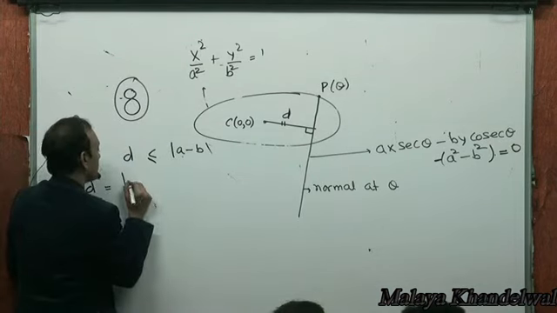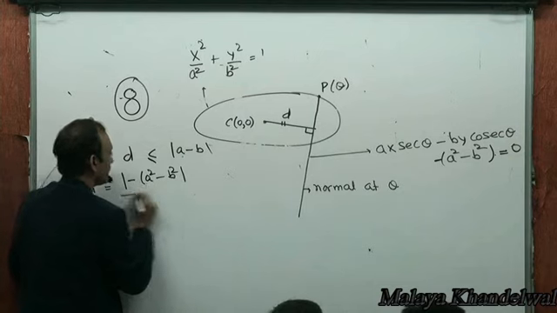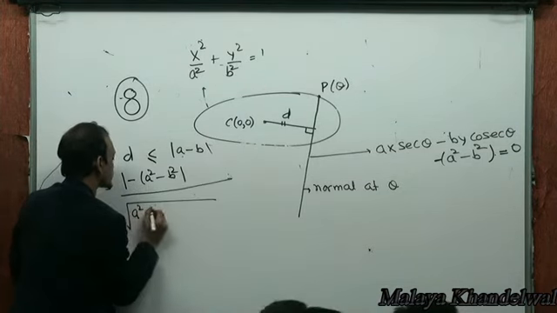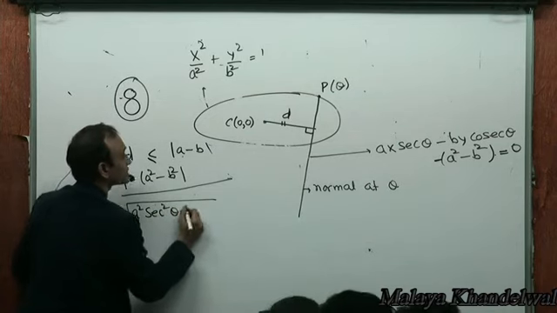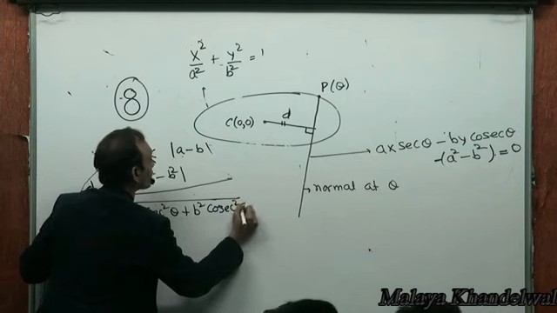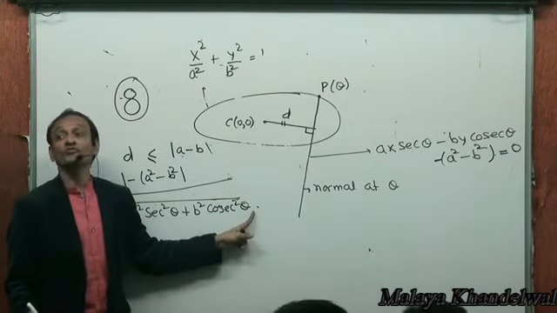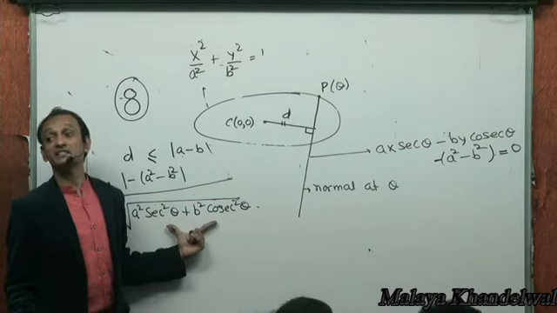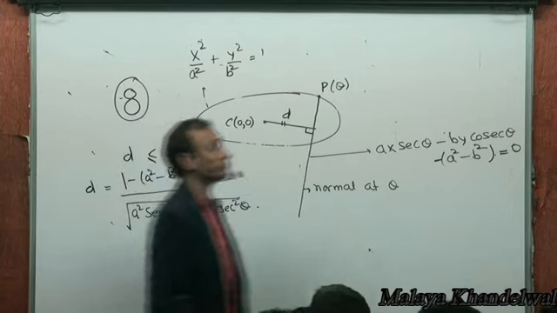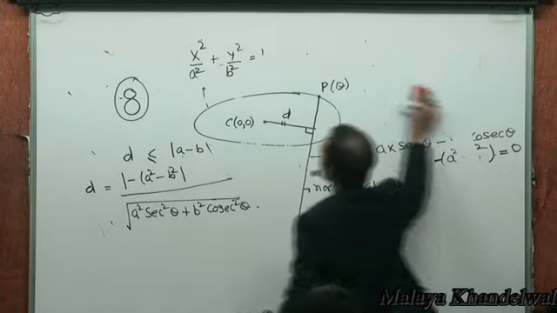So that will be minus a squared minus b squared divided by root a square sec square theta plus b squared cosec square theta. Yes or no? This would be different for different thetas. We want to establish that this will never exceed a minus b. This number will never exceed a minus b. Very simple. Can I remove the figure from here?